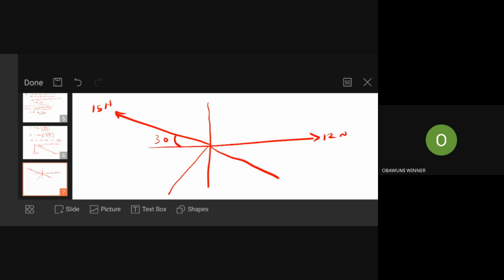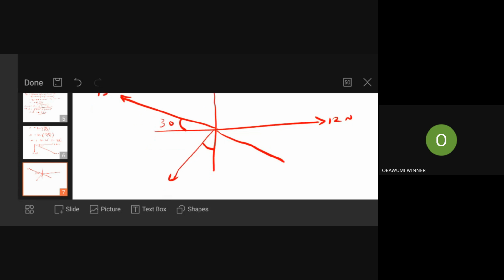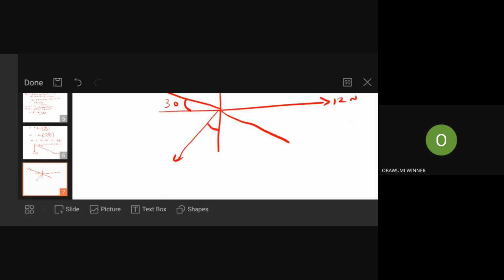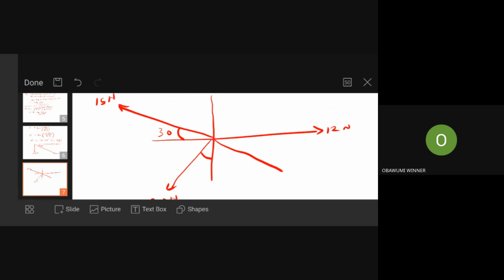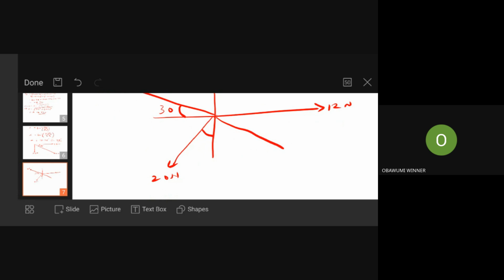Then I also have here, which is, let me incline it to the vertical. Of course, you need to know the horizontal inclination. And then let's call the force 20 Newton. And then I have another one here and also here.